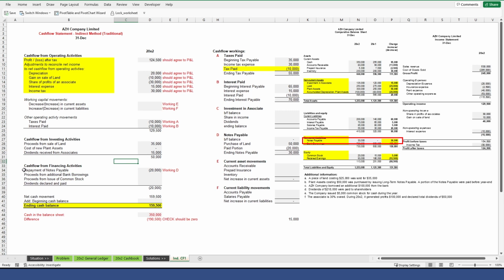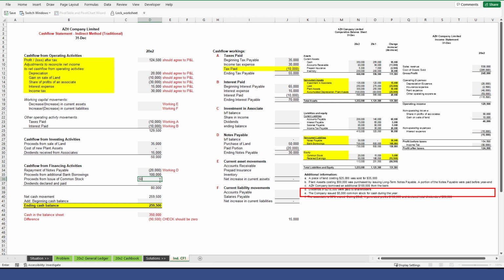Proceeds from additional bank borrowings can be taken directly from additional information or from the GL, whatever information is more available to you. But right now, we know that 100,000 was received from the bank. Proceeds from issue of common stock: we also know that 5,000 worth of common stock were issued during the year for cash.